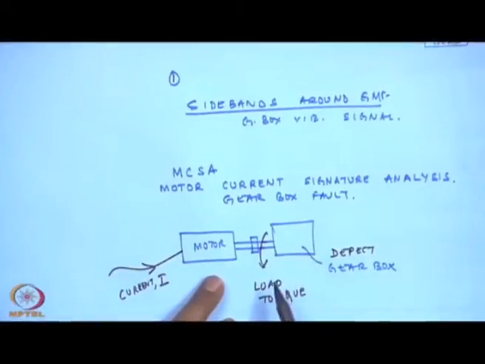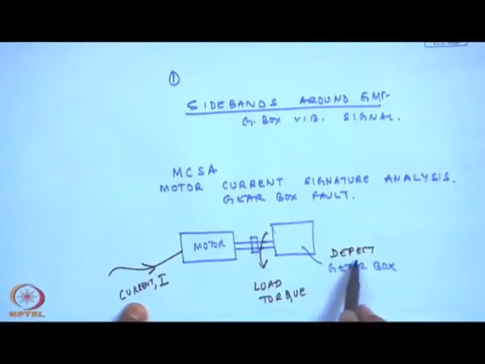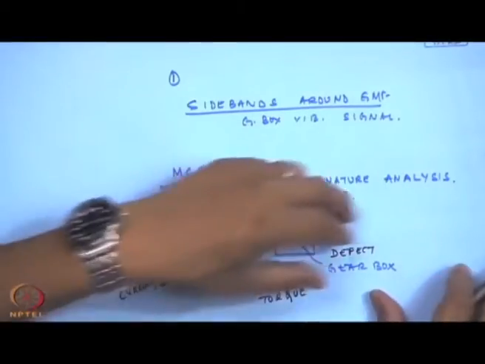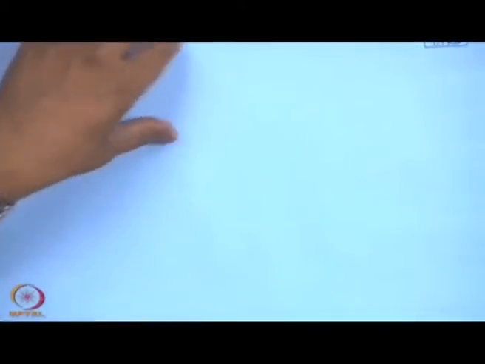So, if this motor is being subjected to an additional load torque, the current itself gets modulated at the frequency of the occurrence of this defect. And so, the sidebands in the current will also indicate some presence of the mechanical defects.